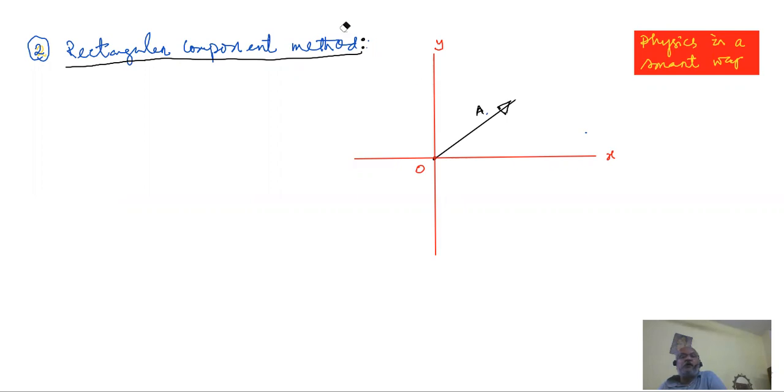Let me redraw A here. Okay, so now we come back to our job. Our intention is to resolve A into two components, one parallel to the x-axis, the other parallel to the y-axis.